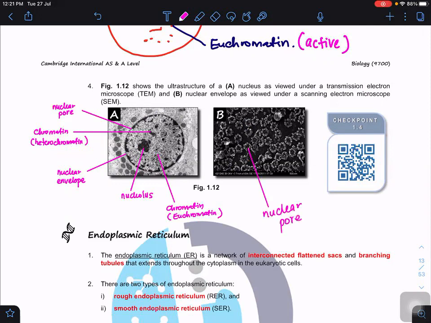Because when we use a SEM, we only focus on the surface, so you can't see the nucleus at this moment. We look at the surface of the nucleus. Okay, with this, I have done the nucleus part.